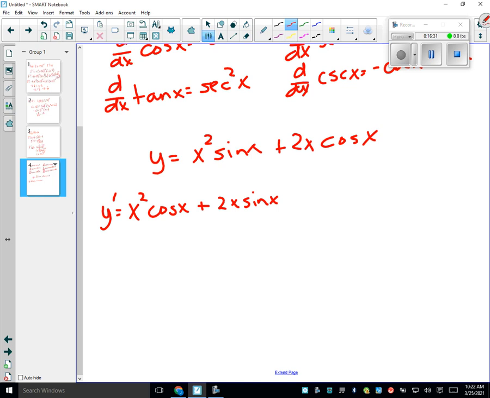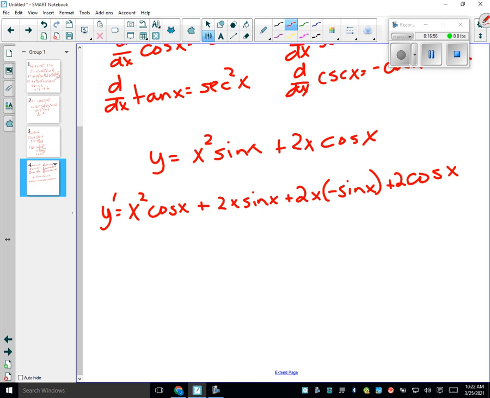Is that right? Now, plus, is this also a product? Which is the first times the derivative of the second plus the second times the derivative of the first.